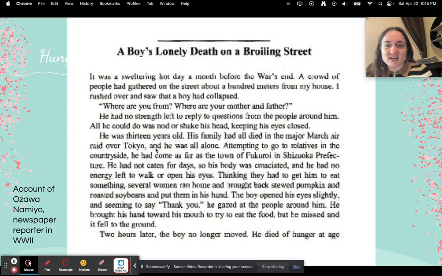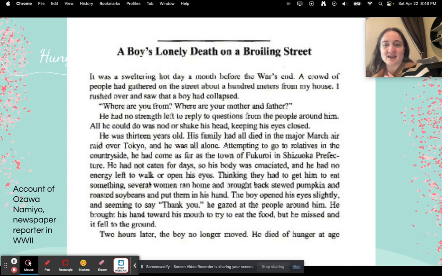His family had all died in a major March air raid over Tokyo, and he was all alone. Attempting to go to relatives in the countryside, he had come as far as the town of Fukuroi in Shizuoka Prefecture. He had not eaten for days, so his body was emaciated, and he had no energy left to walk or open his eyes.